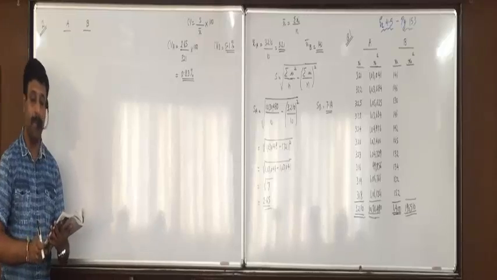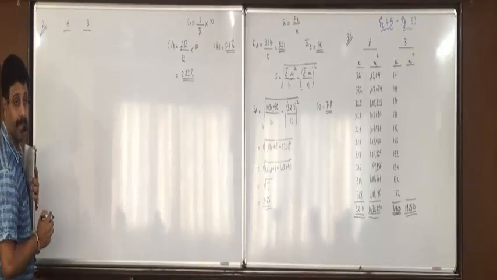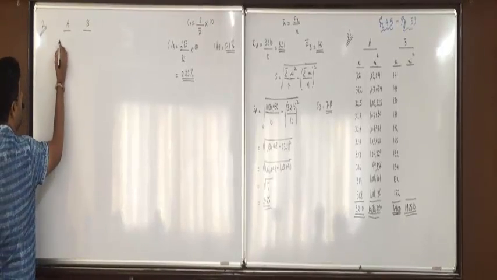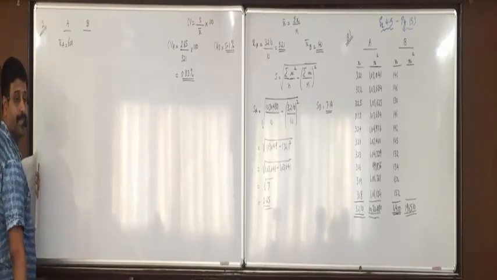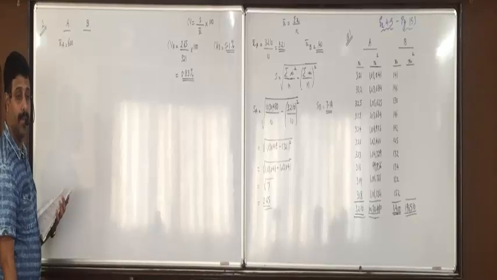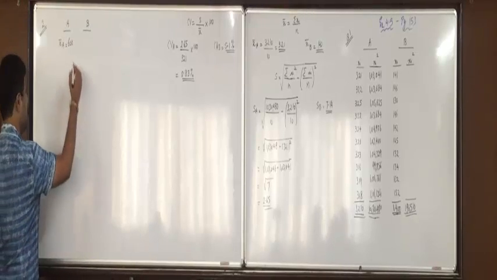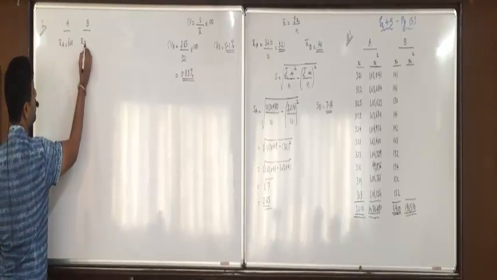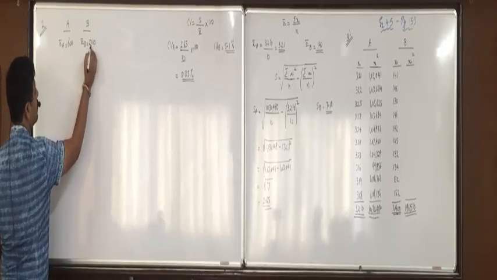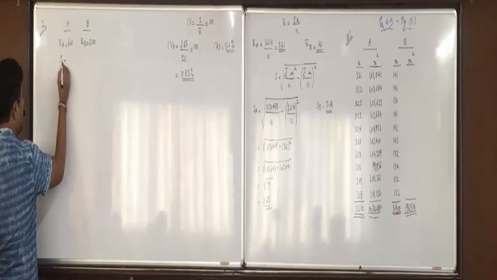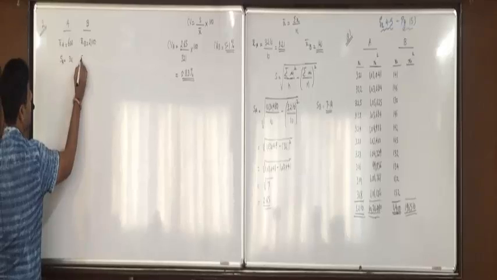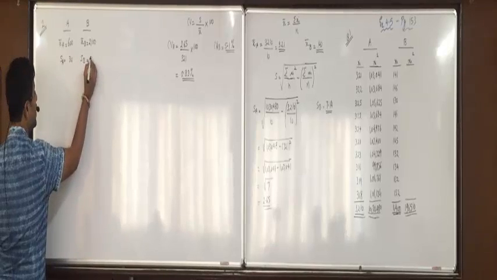What do you mean by mean salary? X bar. Write down X bar A is 600 and X bar B is 2100. Then standard deviation means S. SA is 30 and SB is 84.